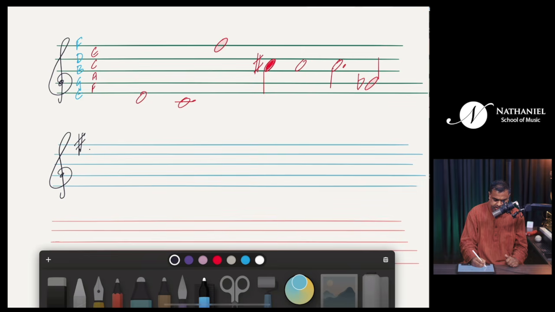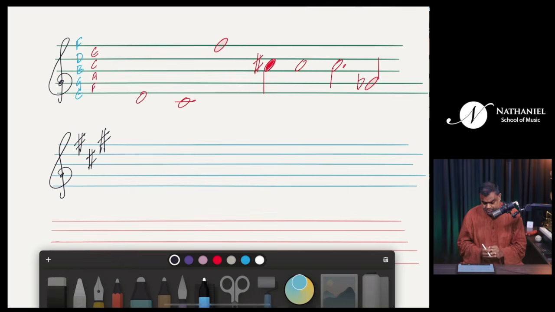A major scale would have an F sharp, C sharp, and G sharp. So you need to remember the order of writing the sharps. This is based on the circle of fifths. C, G, D, A, E, B, F sharp, D flat, A flat, E flat, B flat, F, C. So that order is very important. The sharps and the flats carry that order. So you have F sharp, then C sharp, then G sharp, and the way we write it is important.